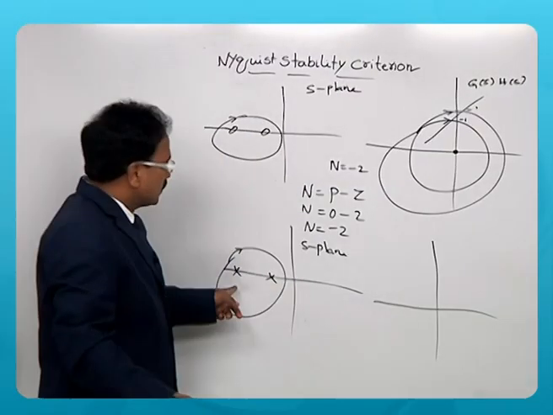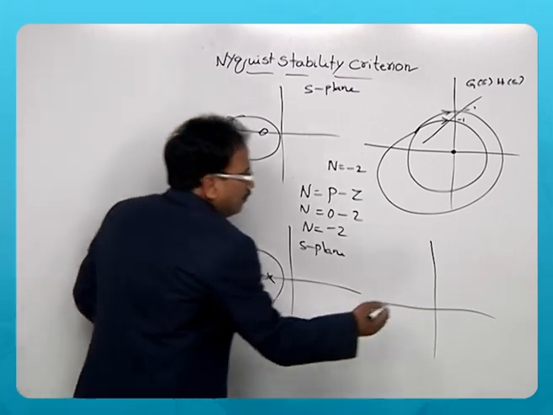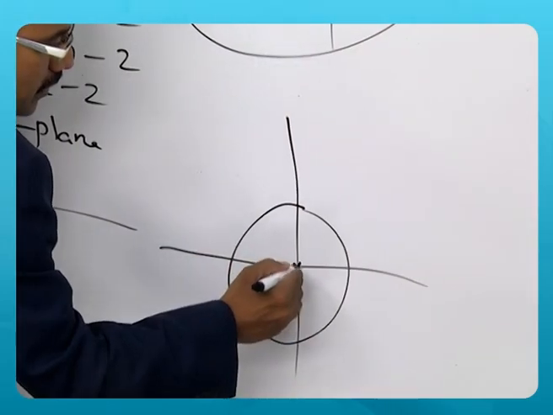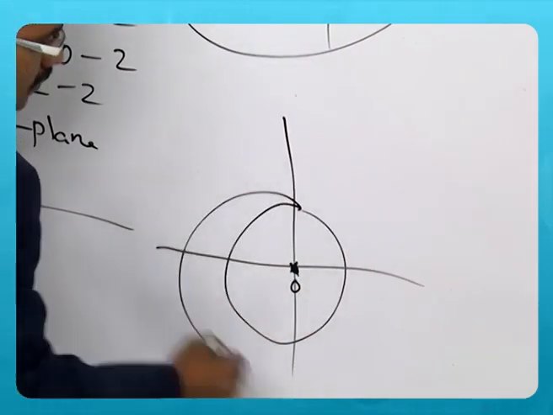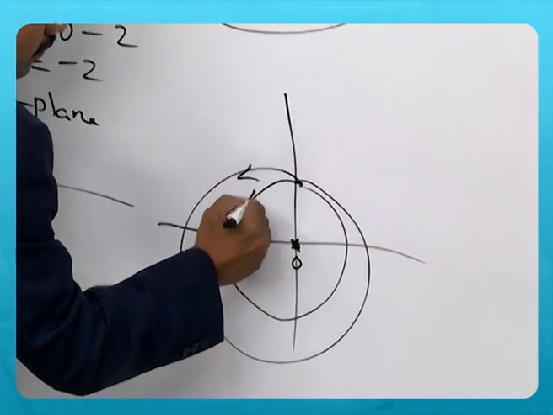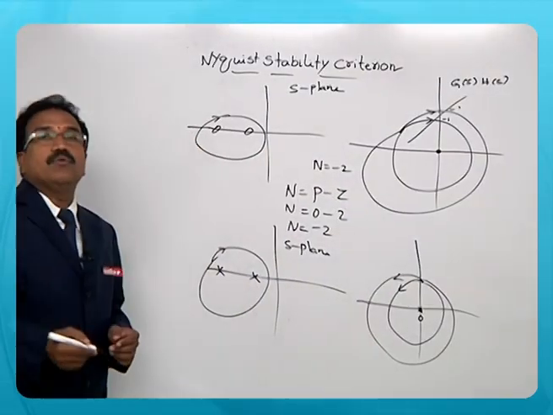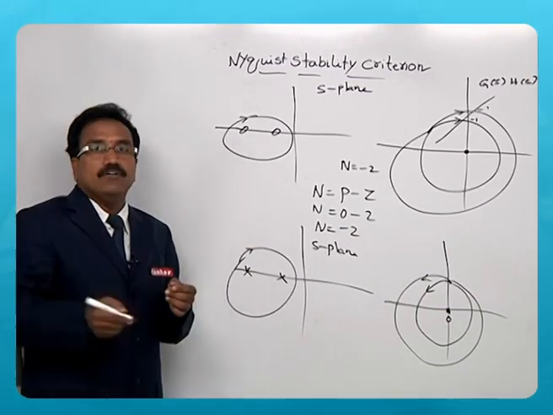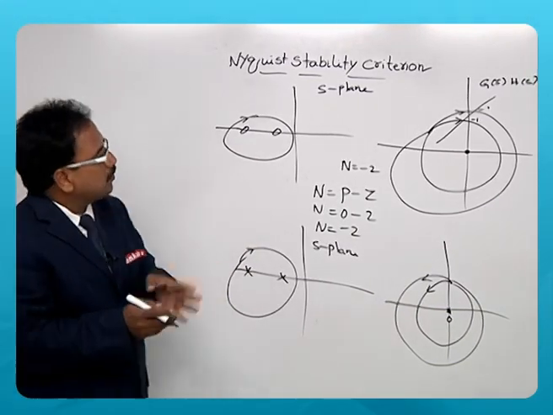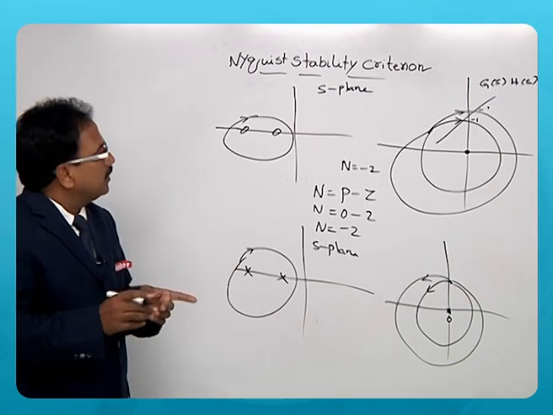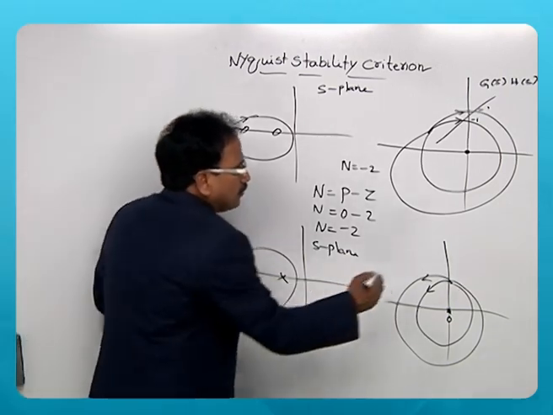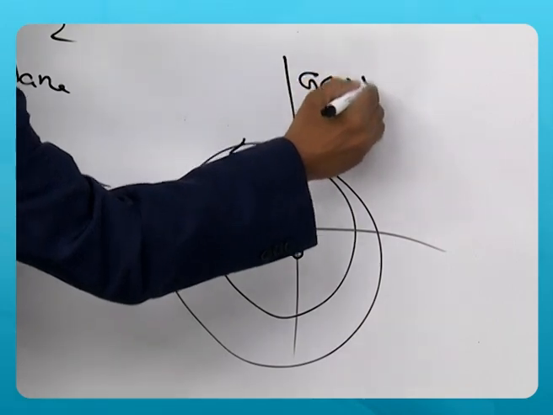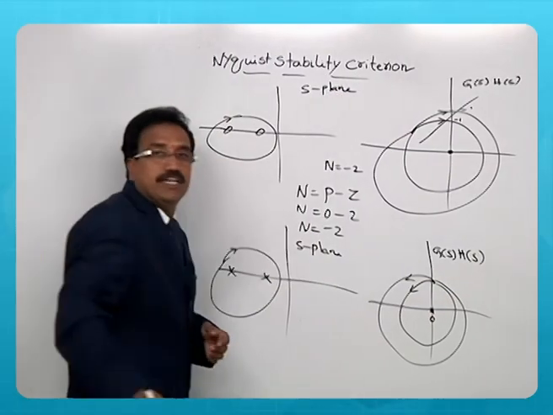Being poles covered here, there will be two encirclements about the origin in the counterclockwise direction. So depending on the poles and zeros covered in the S-plane, the corresponding encirclements n in the G(s)H(s) plane vary.